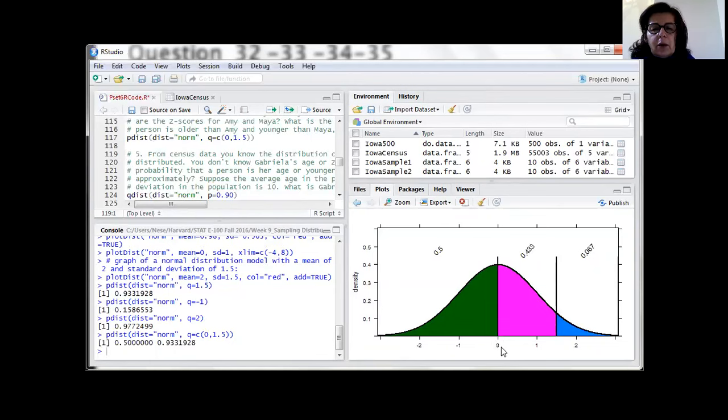So Amy's z-score, based on Amy's age, was 0. What this means is the proportion of the people who are younger than Amy's age is 0.5.